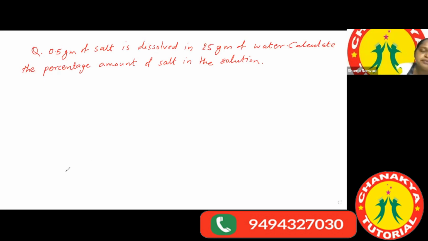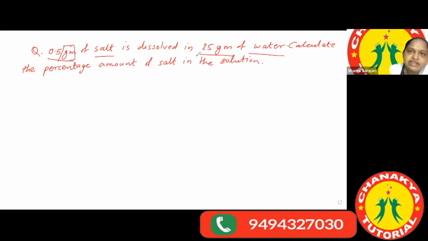So Pranav, be attentive, see what I'm going to tell you. Read the problem first. 0.5 gram of salt is dissolved in what? 25 gram of water. Both quantities are given in grams. Jitendra, you gave me an answer as well, but is it exactly 2% or did you calculate randomly?